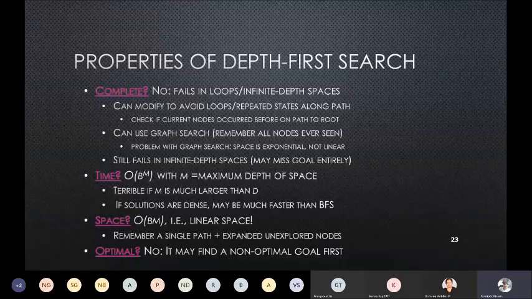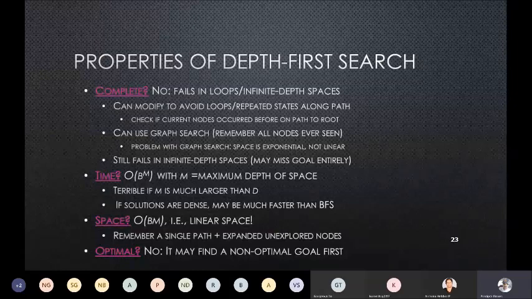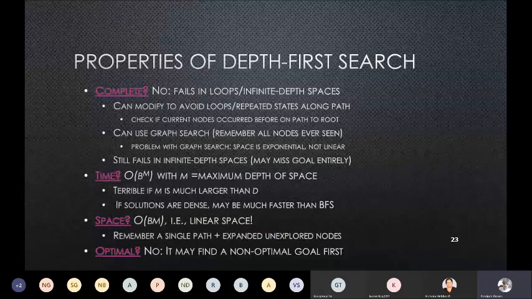So in this particular case, the space complexity is linear. It is not exponential, and that is the only virtue of depth first search: we do not need exponential space.